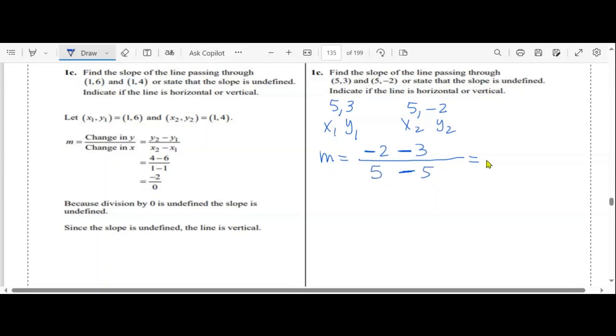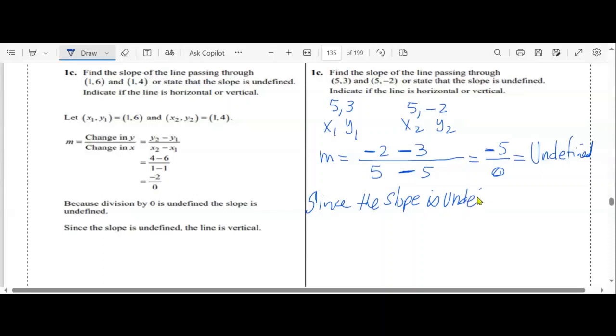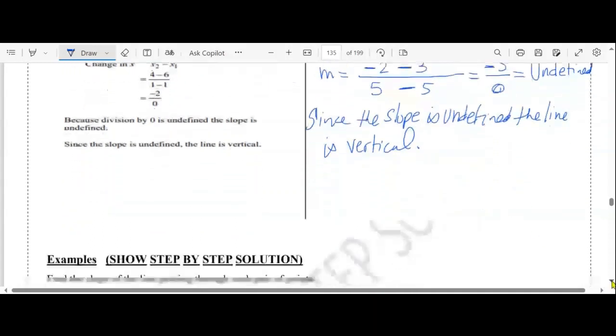So that equals 0 in the denominator, with -5 in the numerator. So it's undefined. Since the slope is undefined, the line is vertical. Is this clear? Yes. Next one.